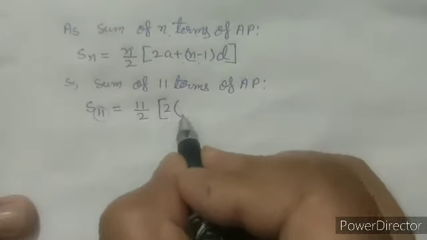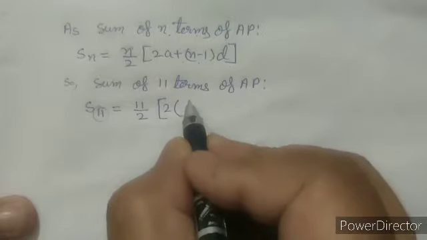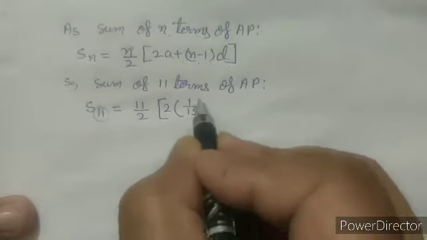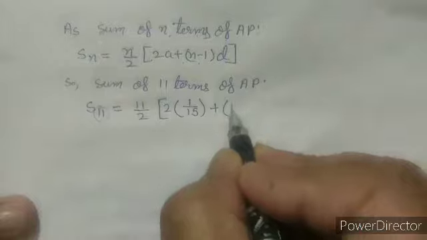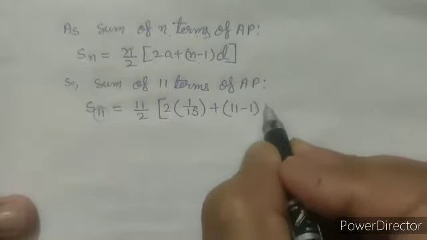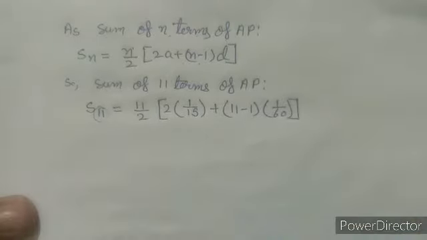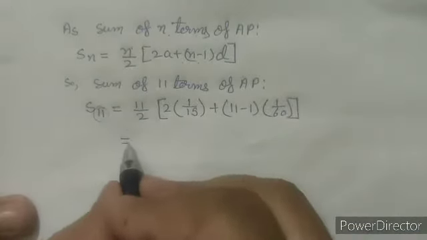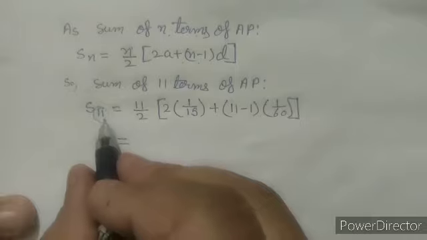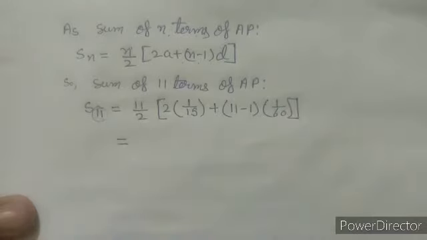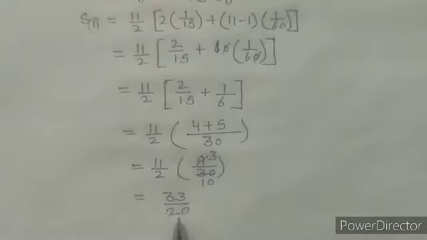Now 2a, a was the first term of the AP and that was 1 by 15. Now plus n, that was 11 again, 11 minus 1, and d we have got as 1 upon 60. Now this will give us the sum of 11 terms of the AP as 33 by 20.